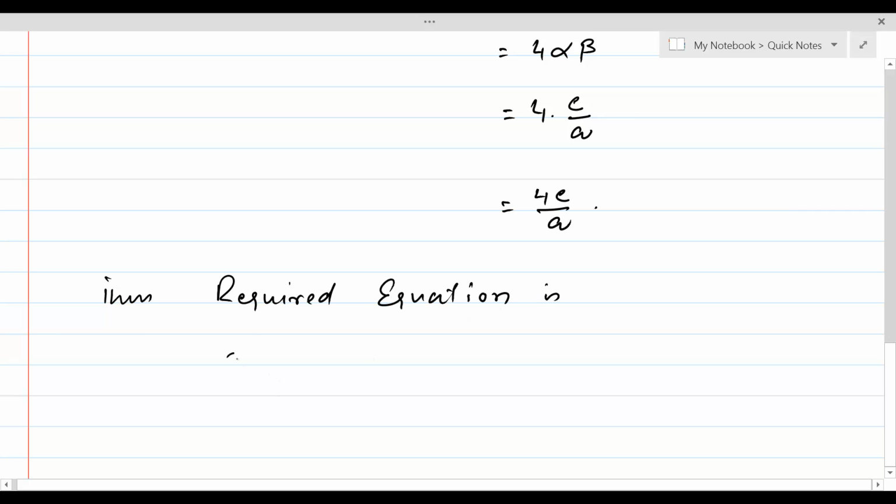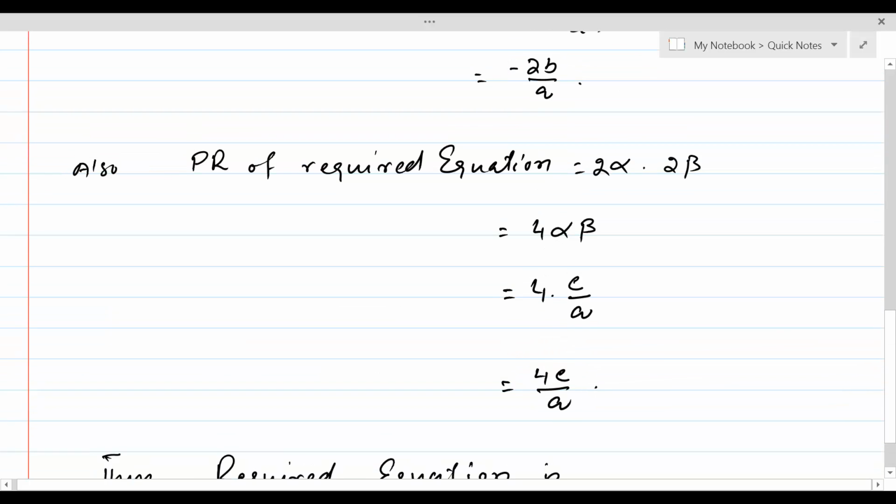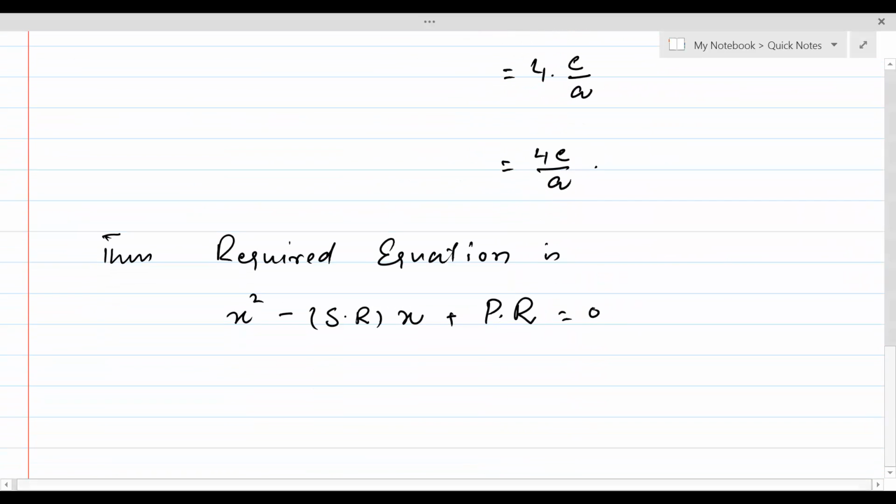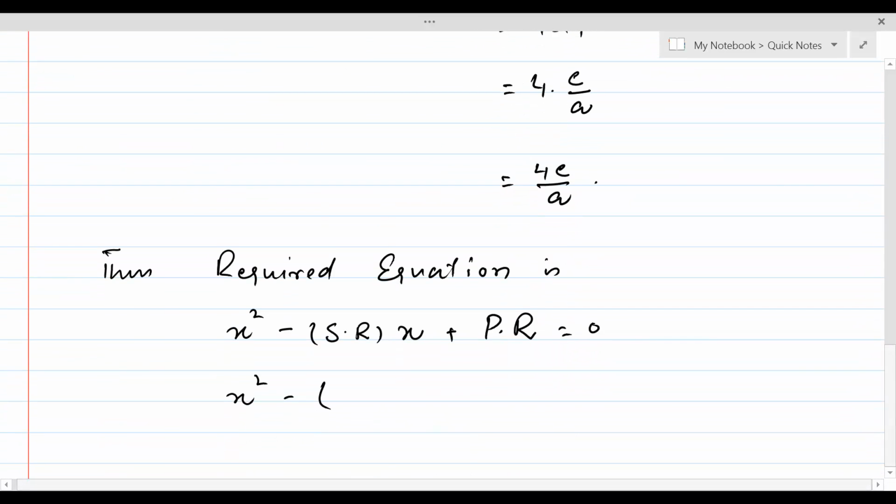x squared minus sum of roots times x plus product of roots equal to 0. Now sum of roots is minus 2b over a. So required equation is x squared minus minus 2b over a times x plus 4c over a equal to 0.